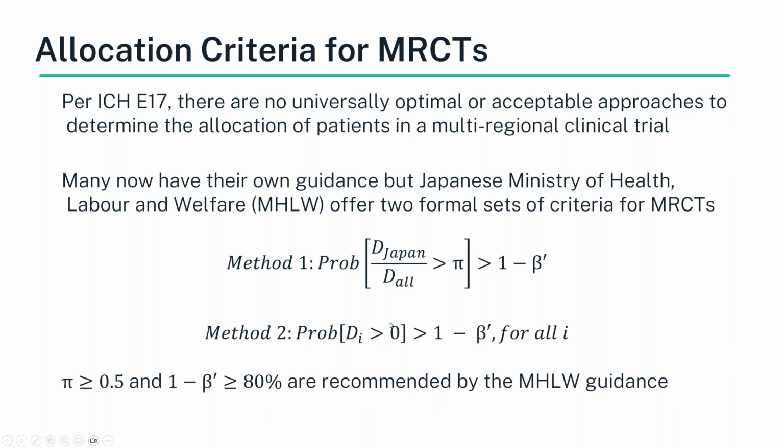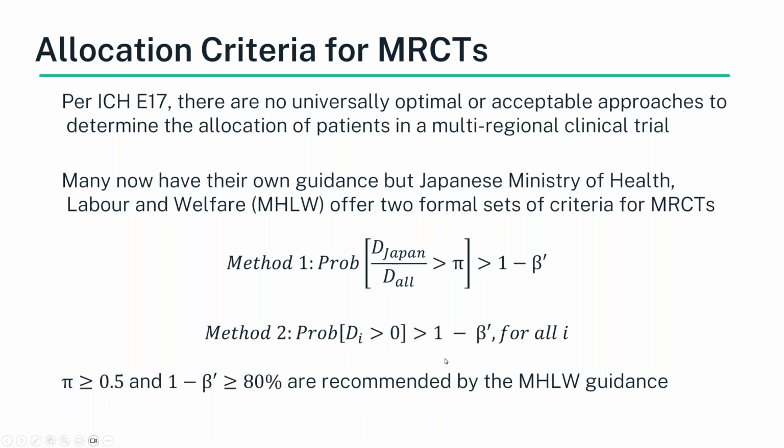But then method 2 is concerned with there being an overall treatment effect in all of the regions. So in this case, it's the probability that each region has a positive effect is greater than the consistency threshold.